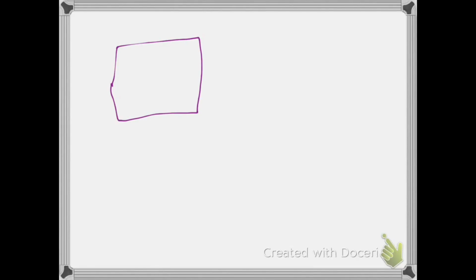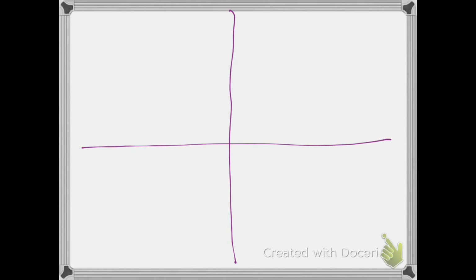So let's just isolate them. Let's just do 4 different fields. The four fields have nothing to do with each other. They're independent. Let me draw a field that looks like this.